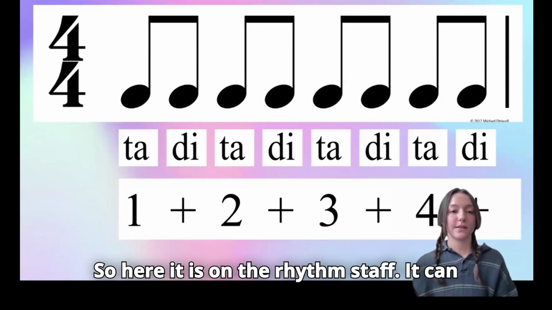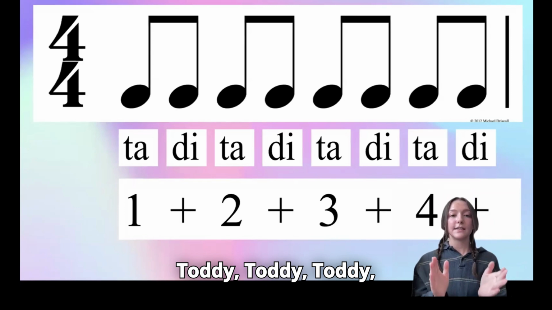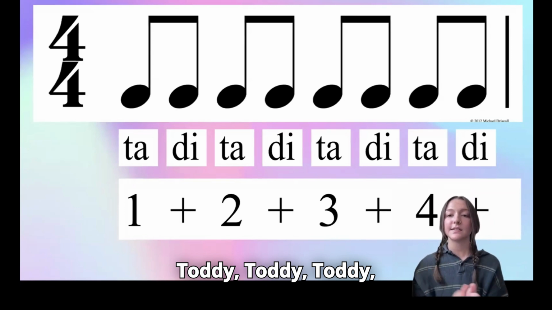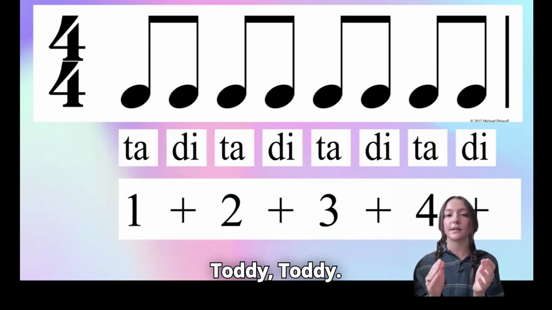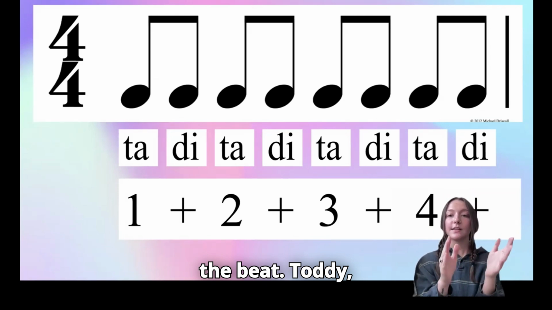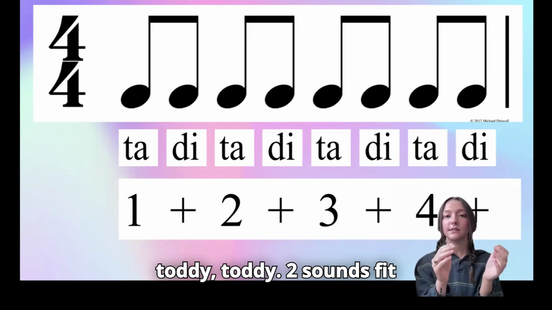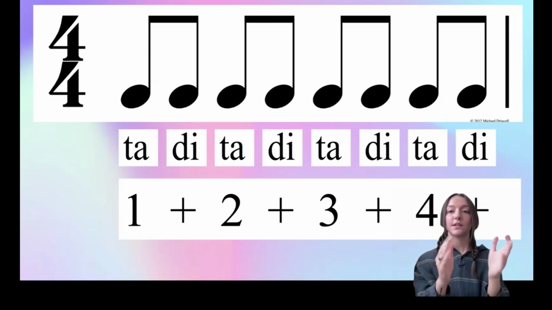So here it is on the rhythm staff. It can be counted out like this. Toddy, toddy, toddy, toddy, toddy, toddy, toddy, toddy. You notice how with each of my claps on the beat, 2 sounds fit in. So half and half.